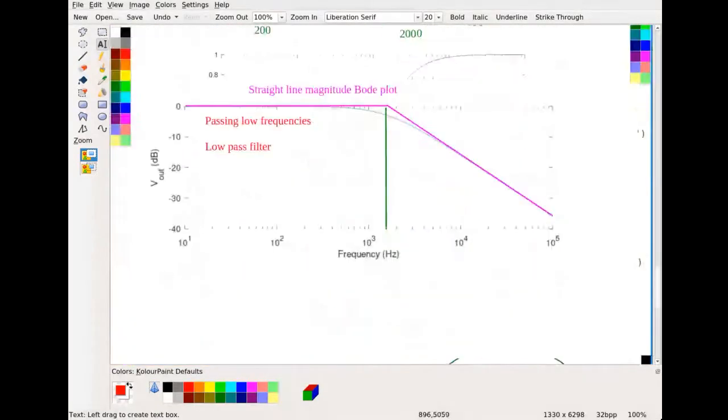And so the circuit, again, looks just like the flip of the other circuit. We have our input voltage, and now the resistor is here.